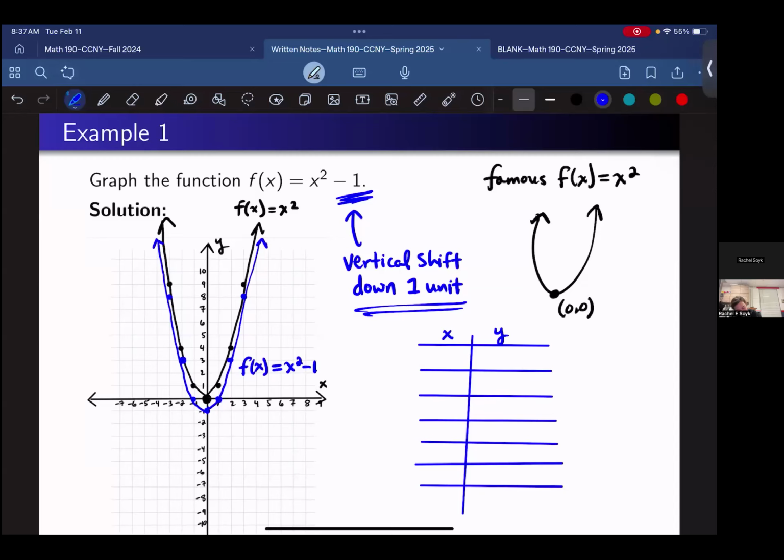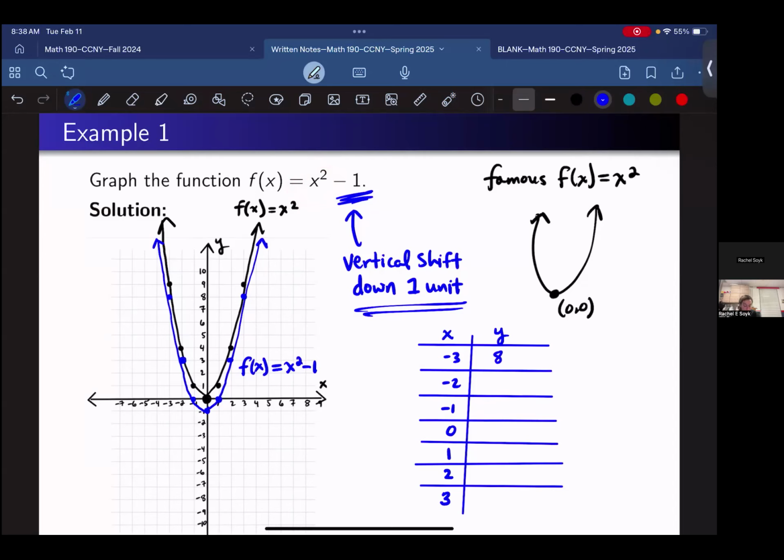So we had 0. I'm going to put in 0 here, and then I'll put in -1, -2, -3, and then I'll put in +1, +2, +3. If we plug in -3, square it, we get +9, but now we're subtracting 1 from +9, so we're looking at +8.